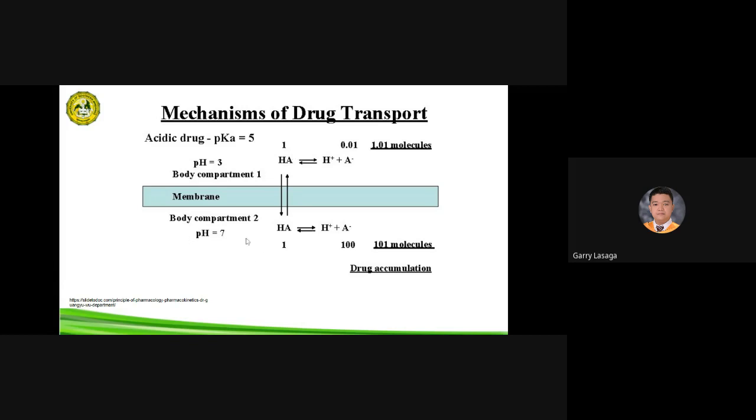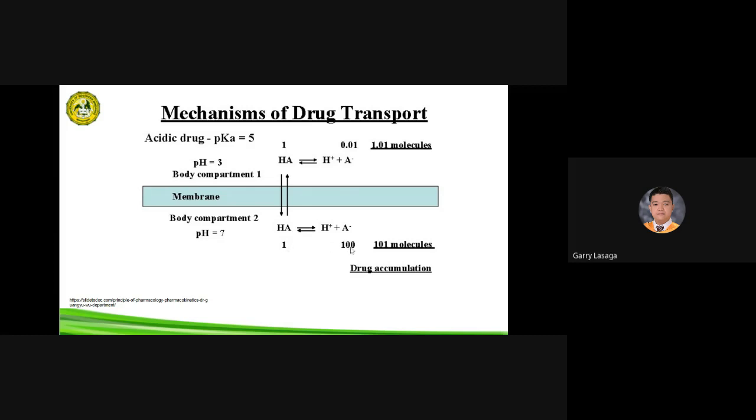When we place an acidic drug with a pKa of 5 in a basic environment of 7, almost basic environment, the ionized form of the drug, A minus, will predominate. We have 100 molecules of that form as compared to the unionized form of the drug, which is only 1.